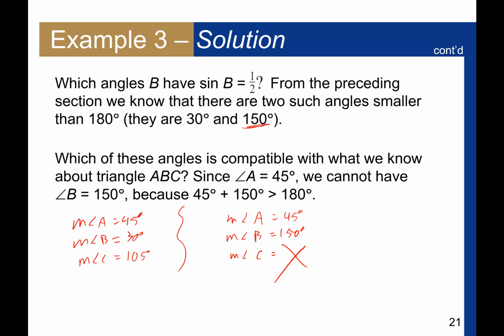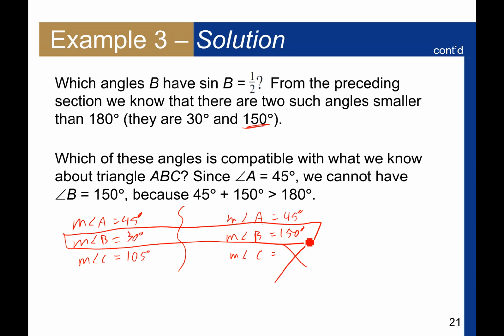So again, this is how you're going to distinguish between one solution, two solutions, or maybe even no solutions: we're going to check with inverse sine that angle that might be on your chart. Maybe you will need the inverse sine function on your calculator. But then we're also always going to check its supplement.